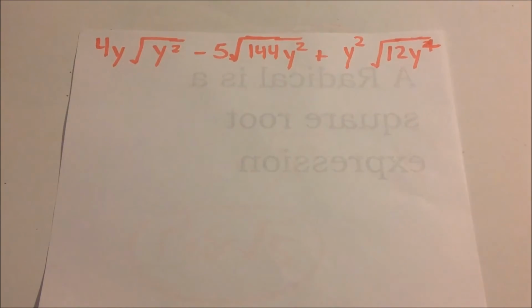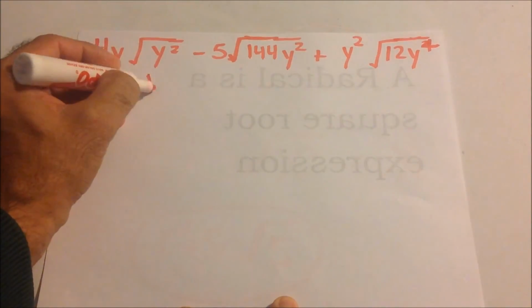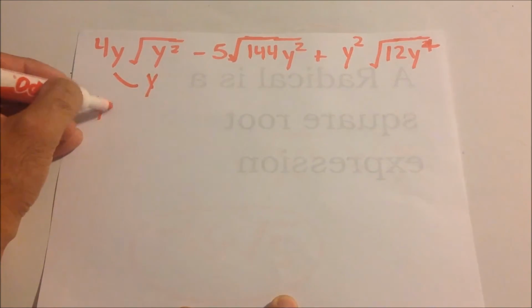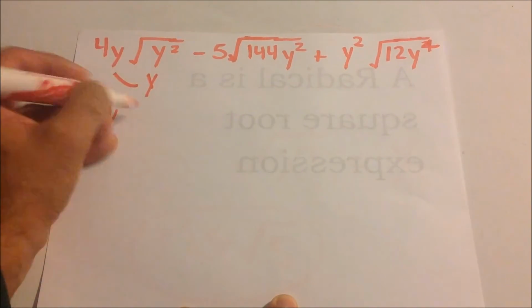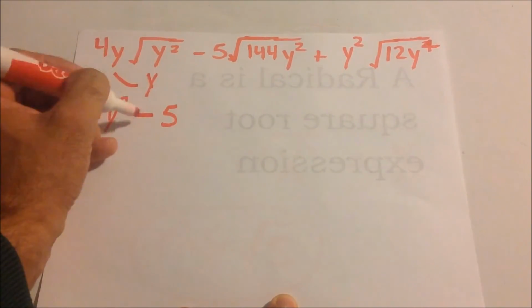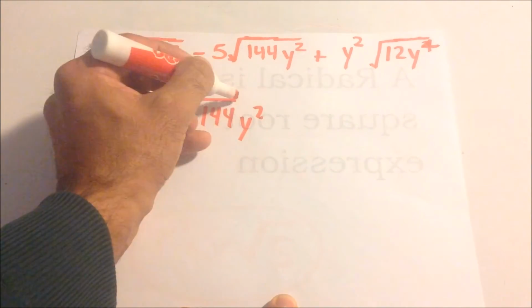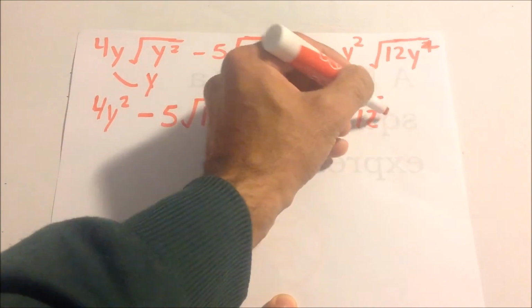Okay, so what if we had something like this? So the 4y is free. And what's the square root of y squared? Y. So now the y is free. 4y times y, 4y squared. So that's done there. And then we have minus 5 square root of 144 y squared, plus y squared square root of 12 y to the 4th.